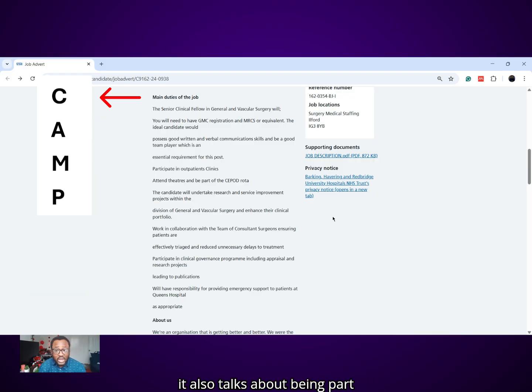It also talks about being part of the CPOD rota and all of the various things. So it's very important to understand all of the aspects and use it to deliver the C part of your CAMP in the actual interview.